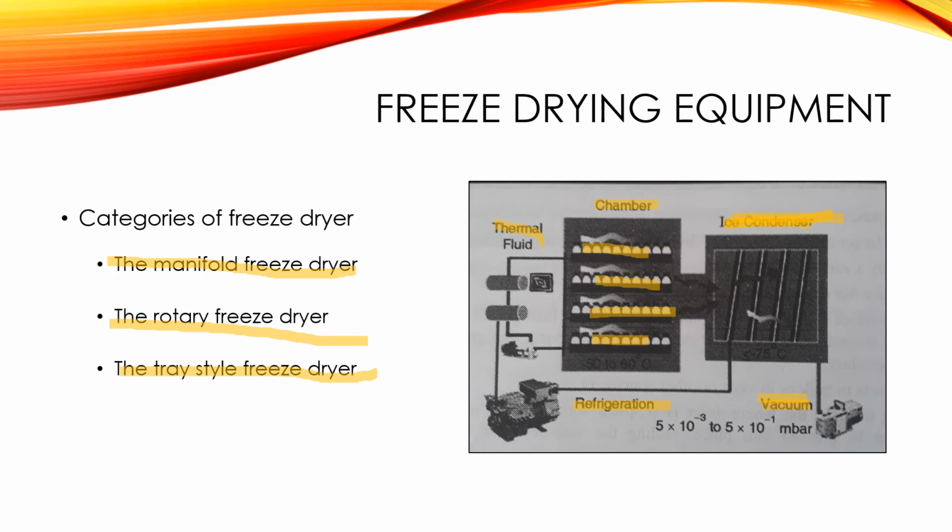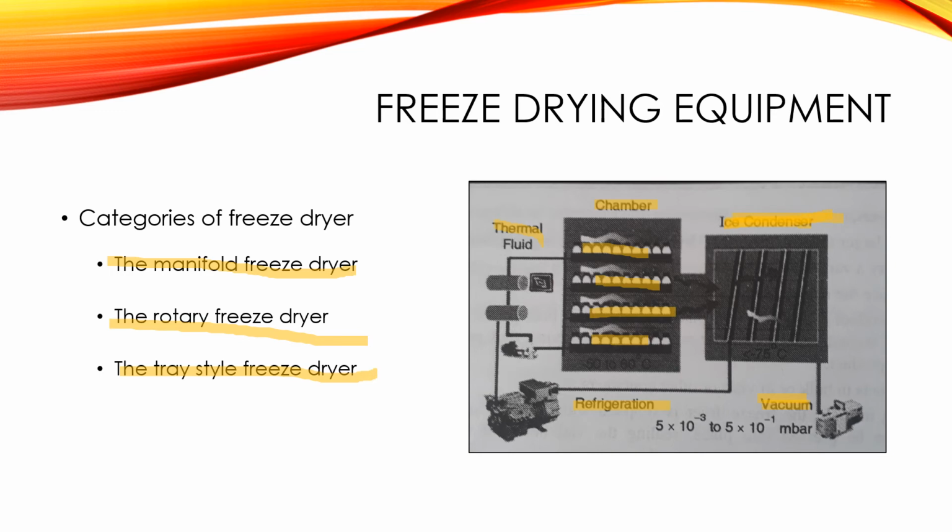These tray style freeze dryers are typically larger than the manifold dryers and are more sophisticated, used to dry a variety of materials. That means you can formulate a variety of lyophilized products in this tray style freeze dryer, used to produce the driest product for long term storage as compared to the manifold or rotary freeze dryer, and can dry products in bulk or in a vial or other container.